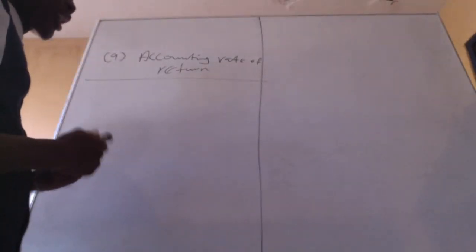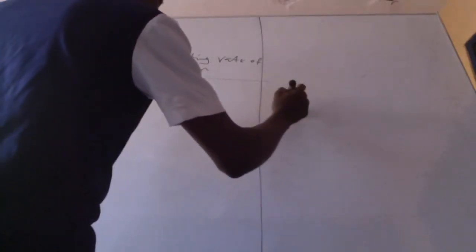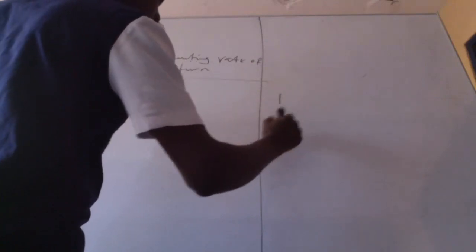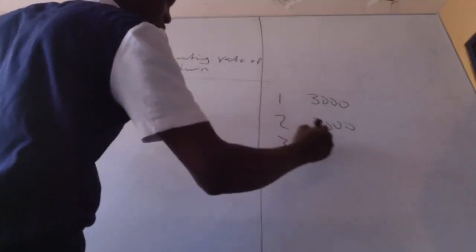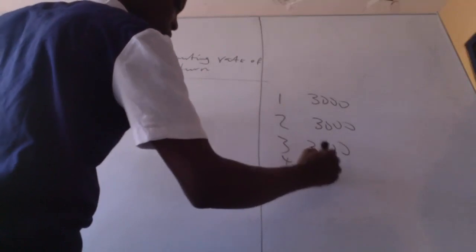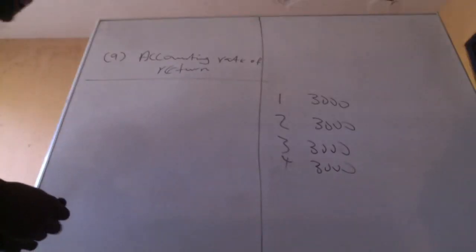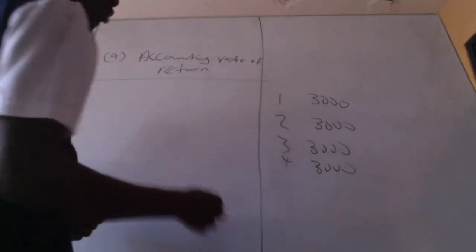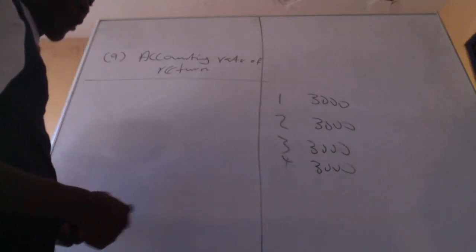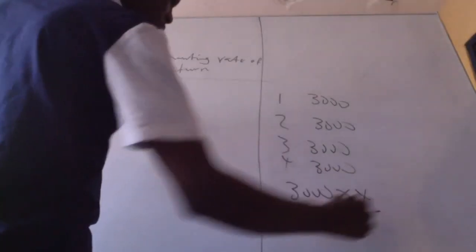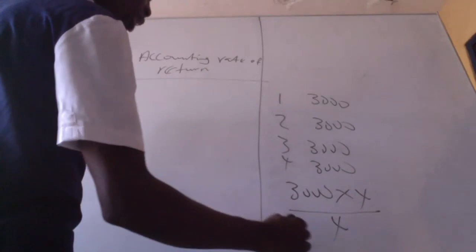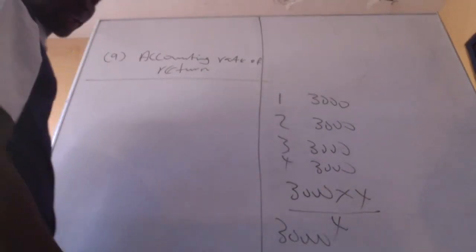If I give you cash flows of year 1, year 2, year 3, year 4, and it's 3,000 each year, what will be the average? It means I have to add all. Adding all means they are the same, so I multiply 3,000 by 4, divided by 4. It's the same number. So the same 3,000, right? Good.